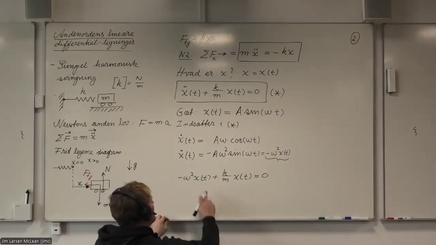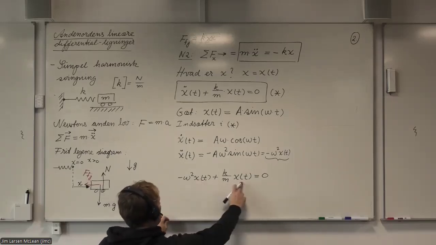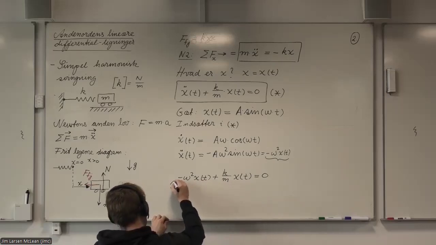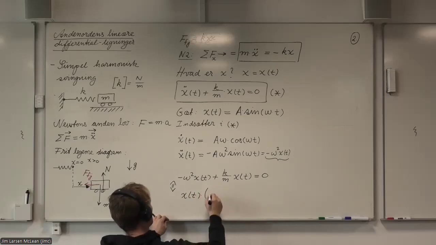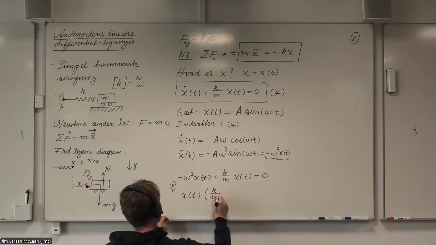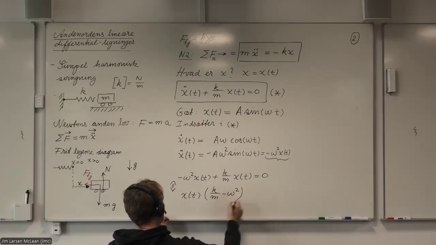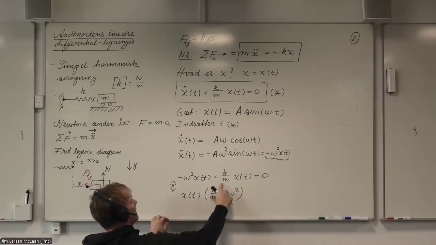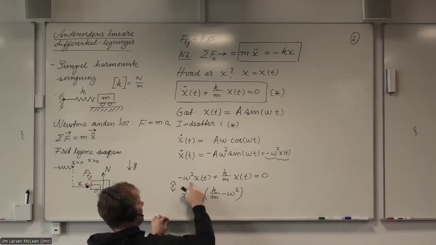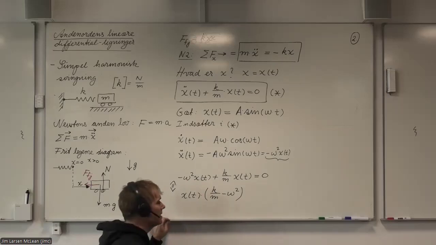You can see that x of t appears both here and there. So we call it a common factor, which I must place outside the parentheses. So I get x of t times parenthesis k divided by m minus omega squared. Can you see it? Because if I multiply this with that, I get this term. And if I multiply this with that, I get that term. So it must be correct, and it must equal 0.